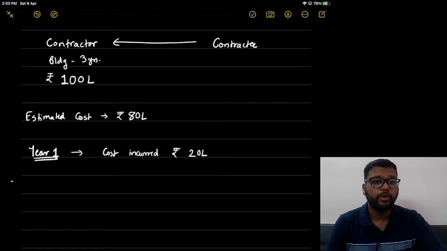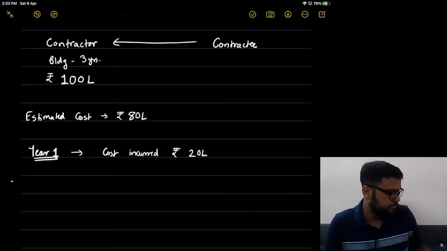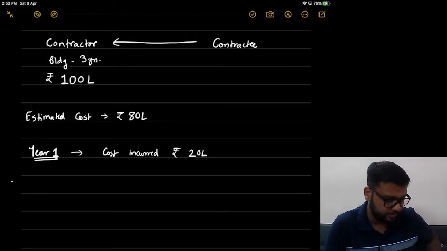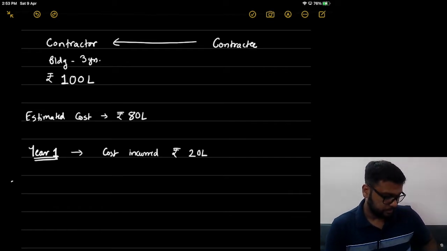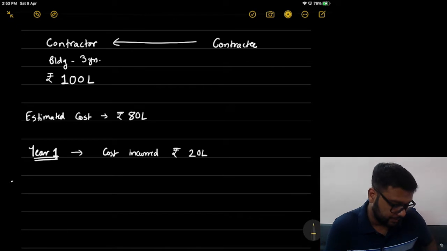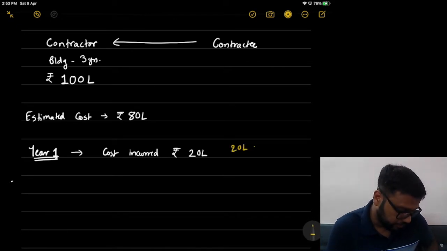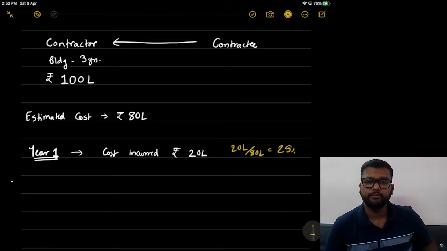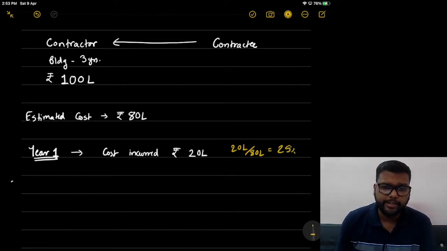25%. Does everyone agree? How do we get the 25%? 20 lakhs out of 80 lakhs, that is 25% completed.